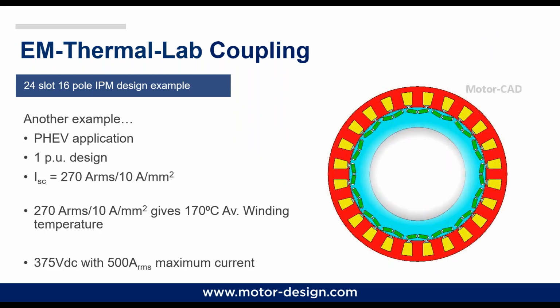Let's consider now another example. So looking again at this 1 per unit design rule, in this case I've got a slightly different design. So here I'm considering a 24 slots, 16 poles machine, which is, let's say, a common IPM design. And again, we've designed this machine for a 1 per unit.